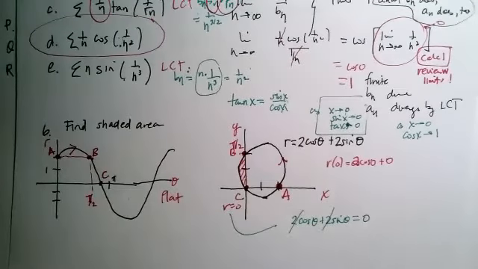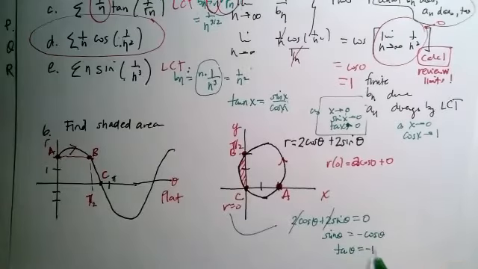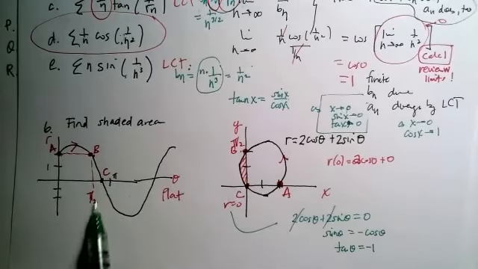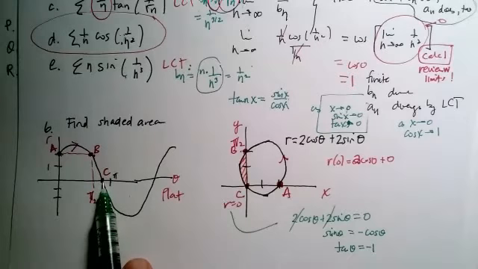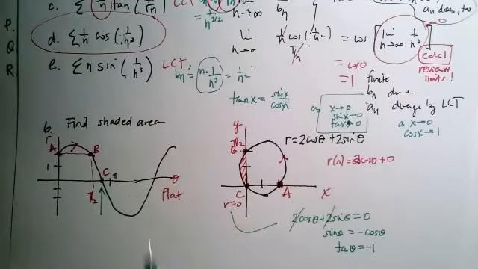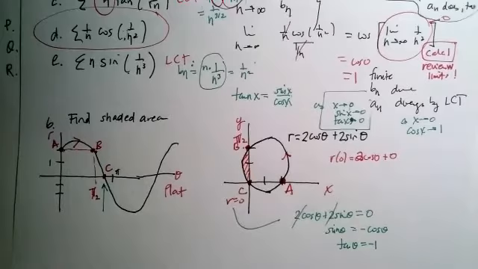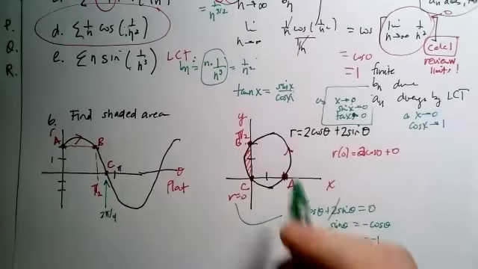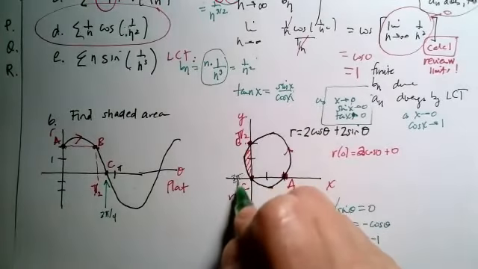I can cancel the 2's to get that sine theta is negative cosine theta, or tangent theta is equal to -1. Okay, so we're looking for an angle between pi over 2 and pi that has a tangent of -1. So who can tell me what that angle is? 3 pi over 4, precisely. Okay, so those are our limits.